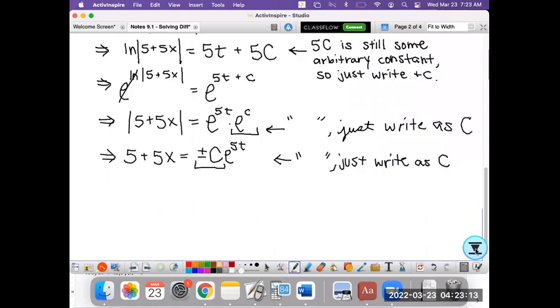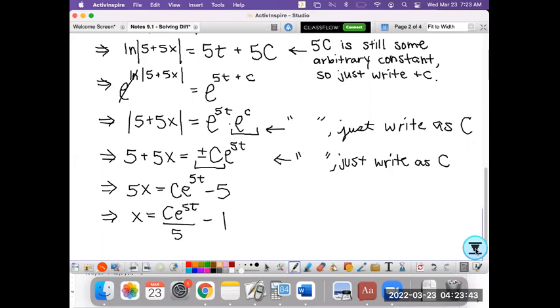All right, and then we can go through the process of solving for x. Subtract 5 to the other side. Again, I'll write regular C instead of plus or minus. And then I'll divide by 5. And I am going to divide each individual term by 5.